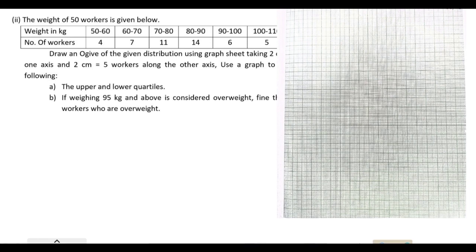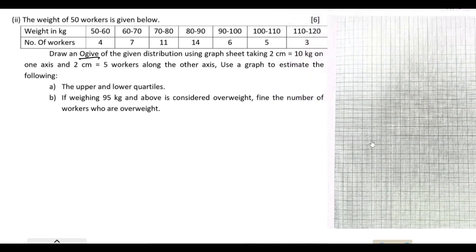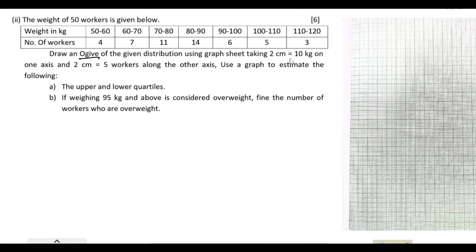Second part of this question, the weight of 50 workers is given below. Weight in kg, number of workers. Draw an ogive of the given distribution using graph sheet. 2 cm is equal to 10 kg on one axis and 2 cm is equal to 5 workers along the other axis. Use a graph to estimate the following.